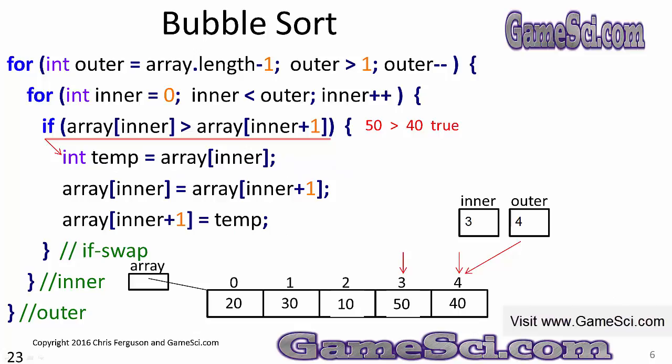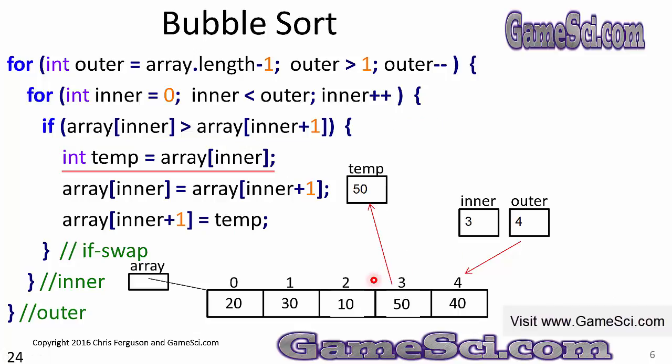Swap them. The 50 in array sub inner gets sent to the temporary variable. The 40 at inner plus 1 moves over to replace the 50 right there. And then the 50 comes back down out of the temporary variable into the array, and 40 and 50 just swapped or changed places.